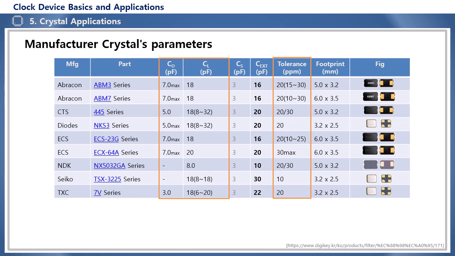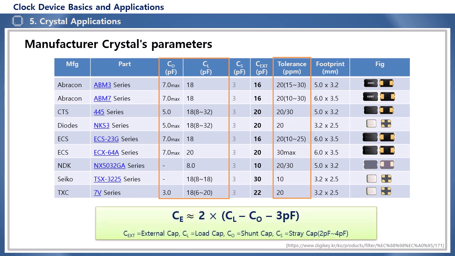The shunt capacitance of the crystal itself, C0, has a value of less than 7 picofarads, and the load capacitance has a unique standard value for each manufacturer within the range of 8 to 32 picofarads. The shunt and load capacitances are specified on the datasheet.